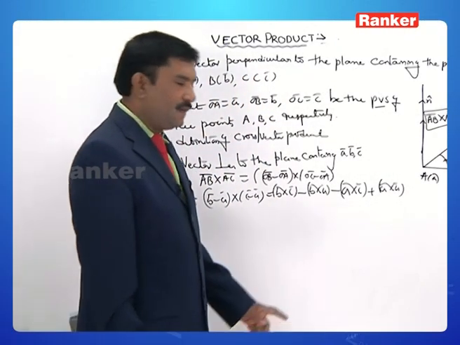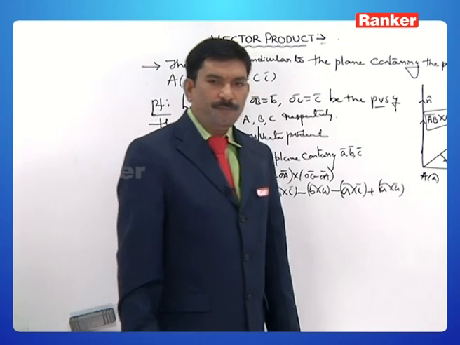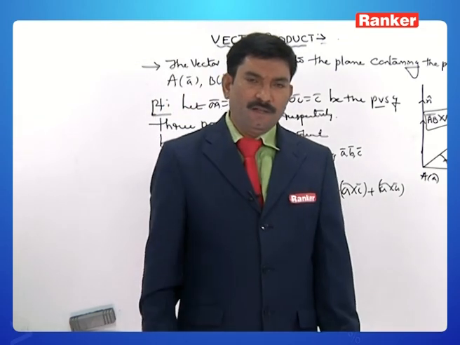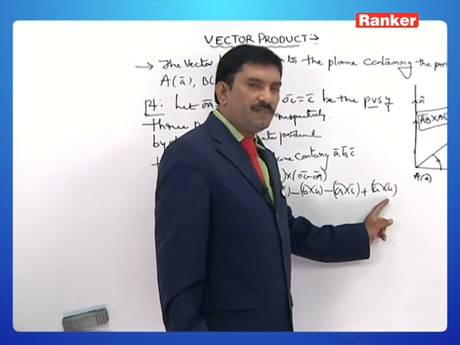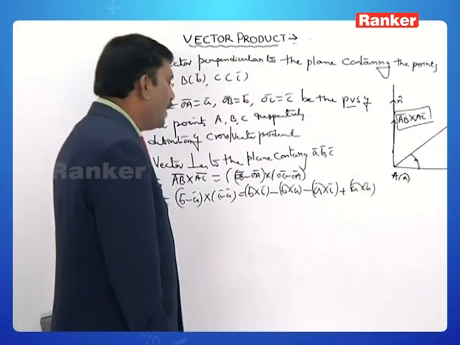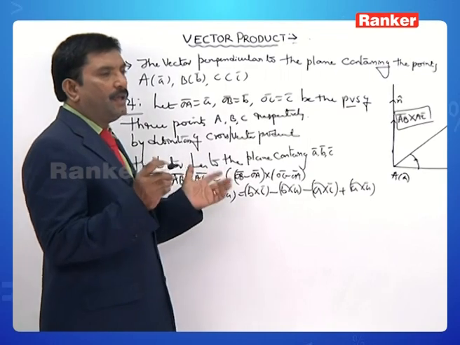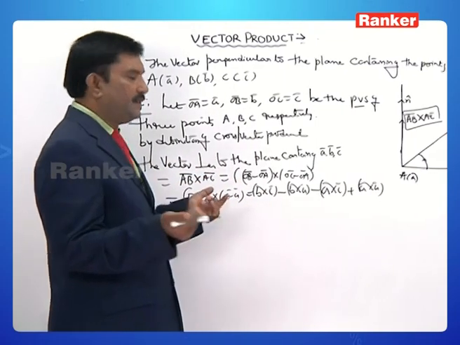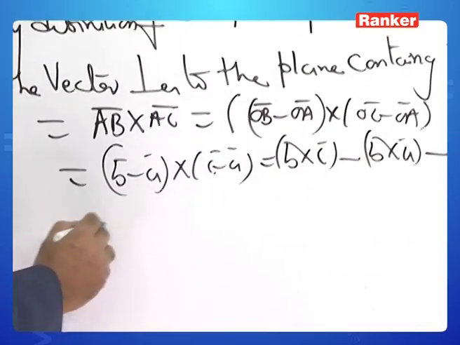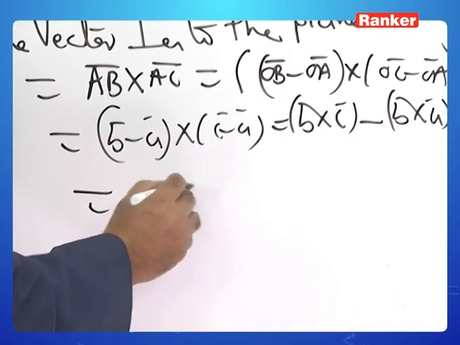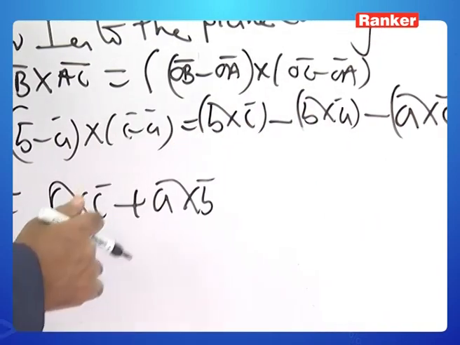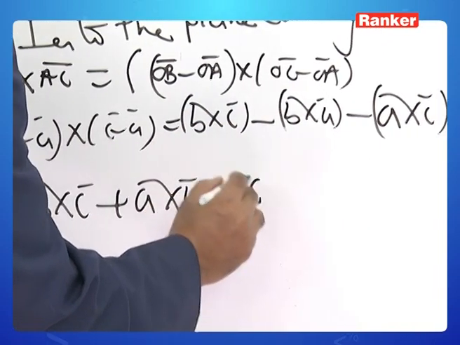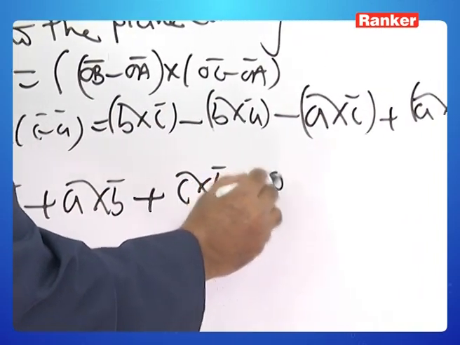We know that A cross A is a vector, and the angle between them is 0, so its value is 0. And meanwhile, A cross B is equal to minus B cross A. So I can write this as B cross C plus A cross B plus C cross A plus 0.